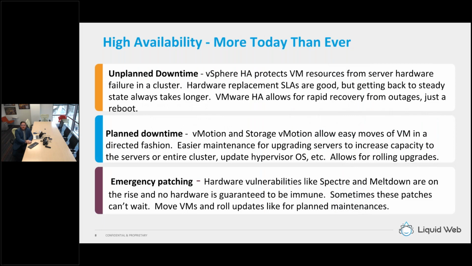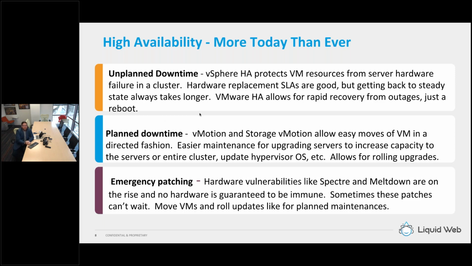We do talk about high availability, and I think more today than ever, it is important. In my 15 plus, 16 plus years of doing this, I've never talked to a customer who said they welcomed downtime. But we do know that 3 major facets of downtime are important. vSphere HA, as I mentioned, protects your VM resources from server failures in the cluster.